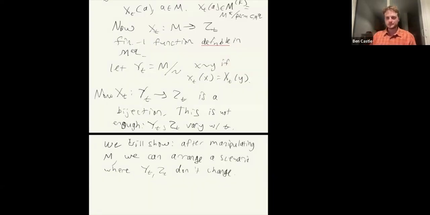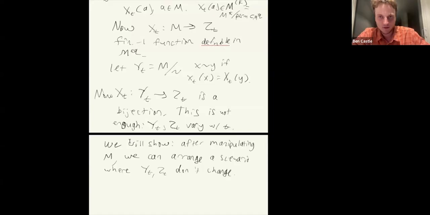That's what we'll do. We want to show that there's some special configuration where you do exactly this thing, and then these yt and zt don't change. So we're going to construct a family of curves where these equivalence relations of having the same fiber on the other side don't change as you vary the parameter. And then that will be enough. Okay.